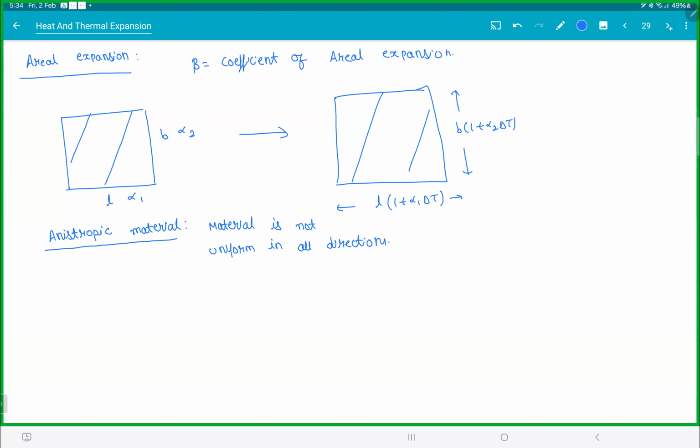If you take the change in area here, that will be the final area minus the initial area. That will be LB into 1 plus alpha 1 delta T into 1 plus alpha 2 delta T, minus LB. When you expand this, the LB term will cancel off.